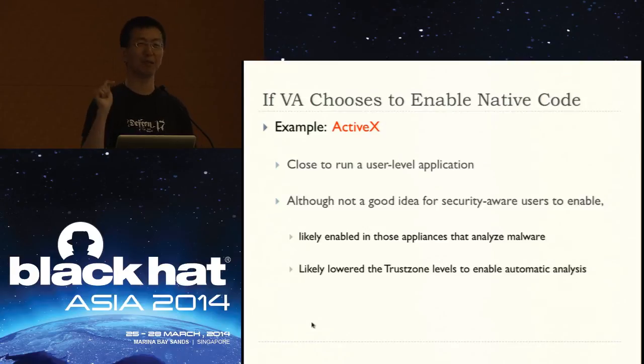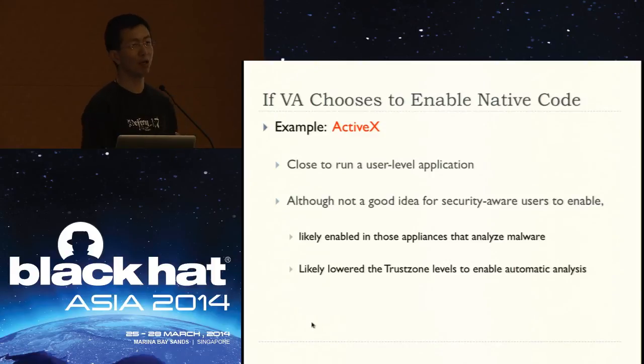Regular users nowadays get good warnings, so you really shouldn't say run this, but in the virtual appliance, they might run it. Those are the assumptions made. If you actually have a virtual appliance that does that, then things get much easier.